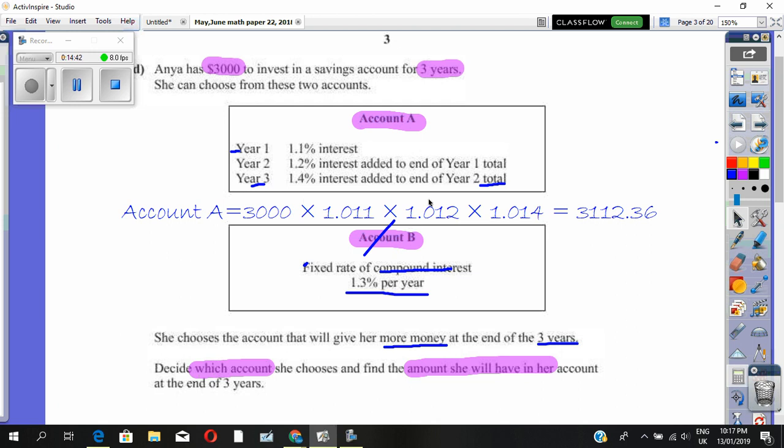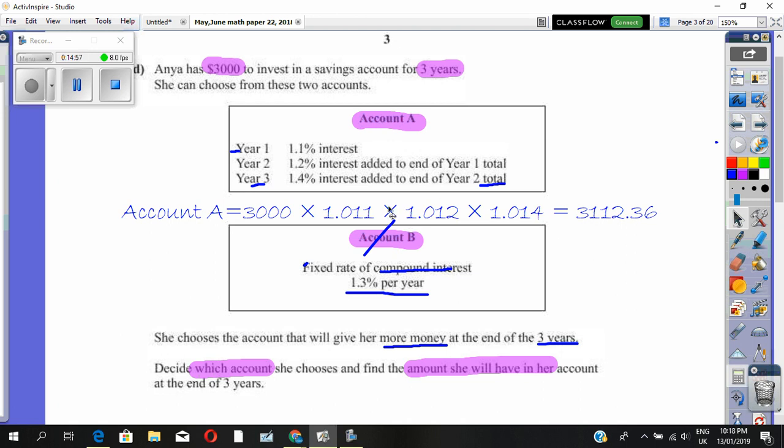When we multiply these, we get the amount for account A, that is $3,112.36. This is the amount for account A at the end of 3 years.